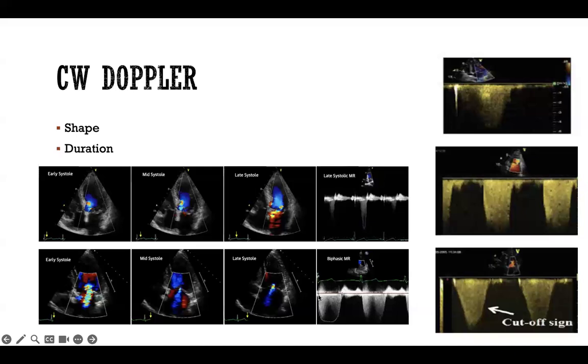And here, just looking at this, you can say that this is biphasic mitral regurgitation, which is suggestive of ischemic mitral regurgitation. So from just looking at this, we have a mitral regurgitation that is biphasic, and this is most likely ischemic, most likely secondary mitral regurgitation, not primary. We get all this information only from this envelope here.